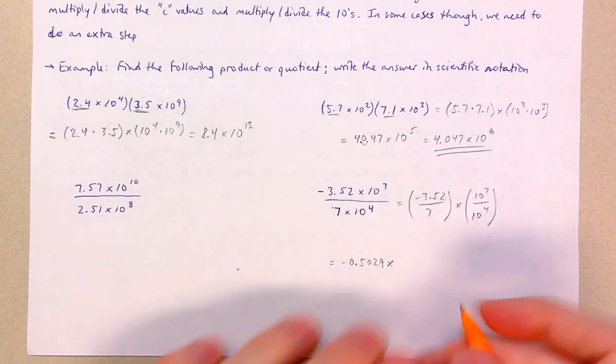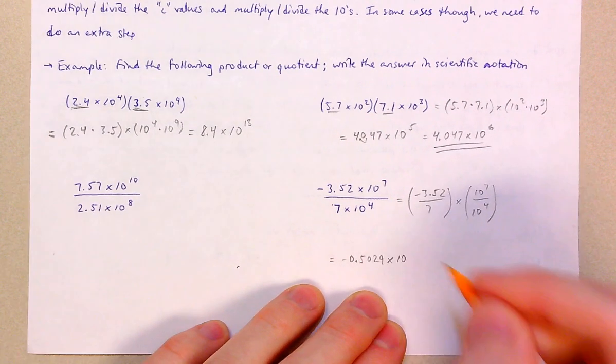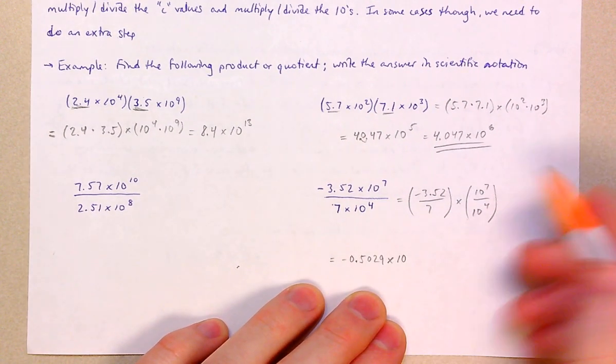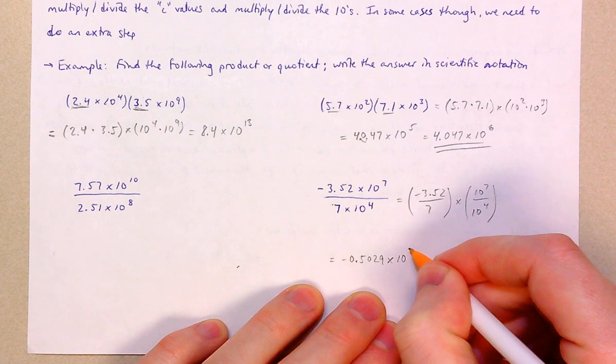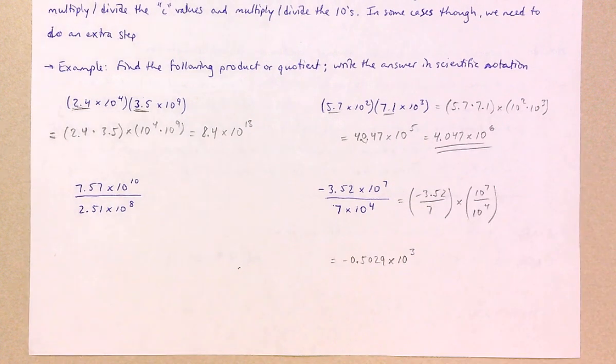So I'm going to keep the base, and I'm going to take the difference of the powers. Top power minus bottom power. So 7 minus 4 is equal to 3.